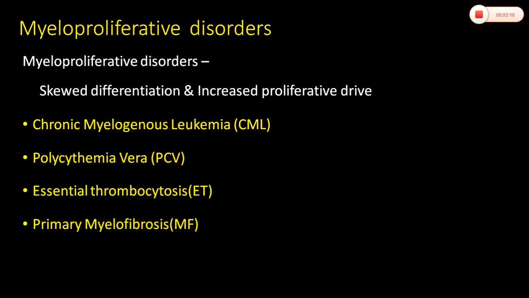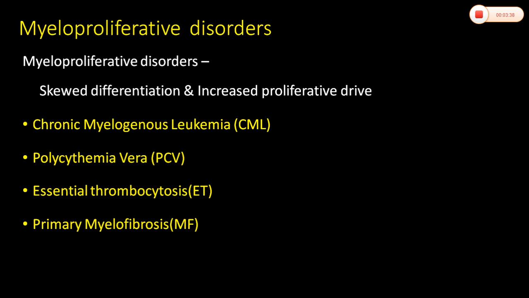In myeloproliferative disorders, what happens is this equal distribution, or this equal differentiation, is disturbed. Instead of producing equal hundreds of all three types of cells, only one type of cell will be produced at the expense of other cells.